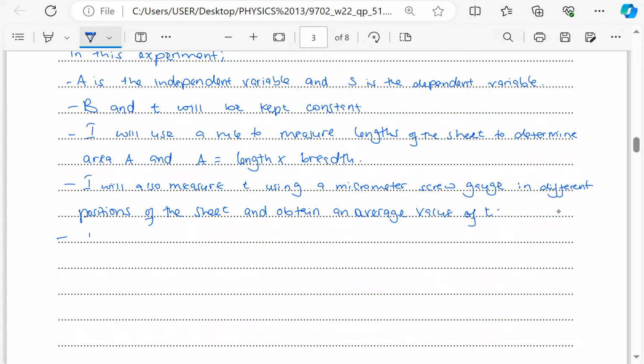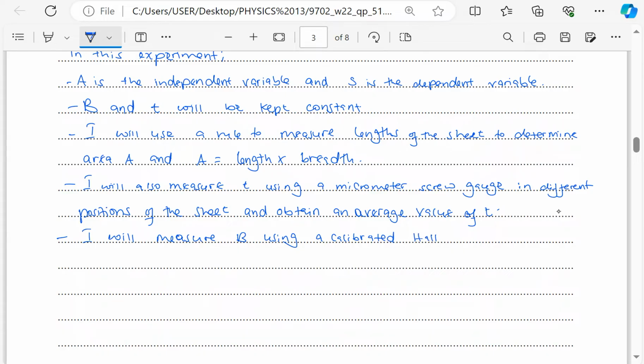I want to measure the magnetic flux density because I'm going to use a horseshoe magnet, which I'm going to show in the diagram. It must be calibrated, so using a calibrated Hall probe.